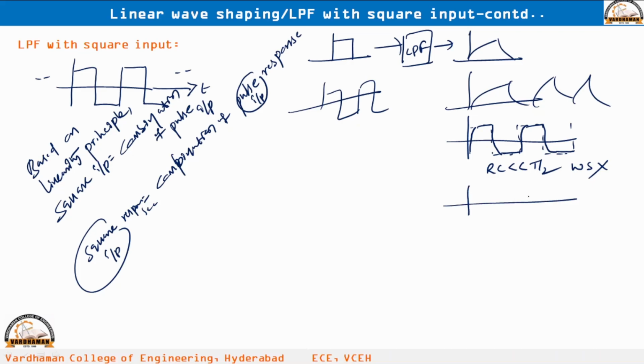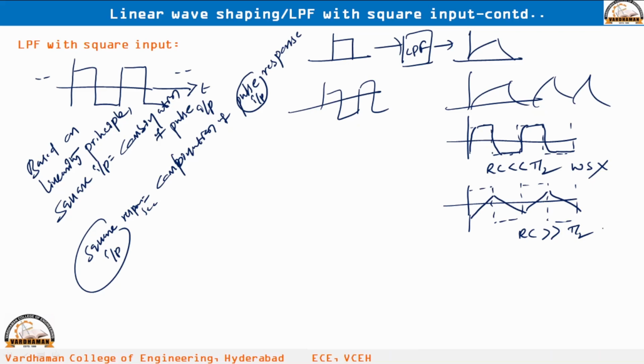But if you take RC very large in this particular case, what will happen? It will take a larger time to charge and a larger time to discharge, so you will get a triangular wave. This is when RC is very much greater than T by 2.